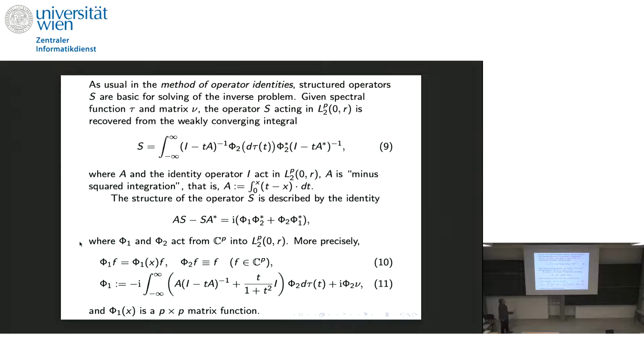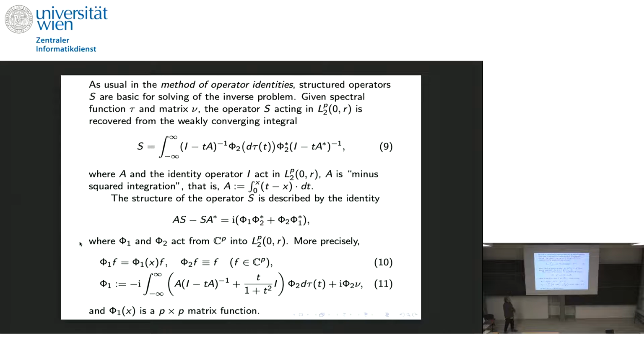The structure of the operator S is described with the operator identity, which is given here. Phi sub 1 and phi sub 2 act from a finite dimensional space into L2. Phi sub 2 is simply an embedding, and phi sub 1 is multiplication by the matrix function phi sub 1 of x. And phi sub 1 of x is essential for us, and it is also expressed in terms of tau and nu in formula 11.